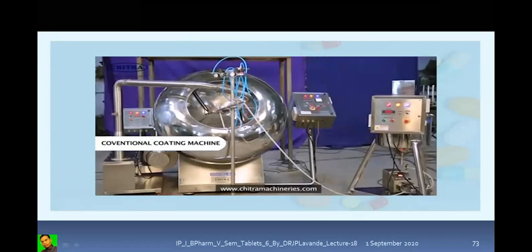You can see the device inside the coating pan for the process of mixing.